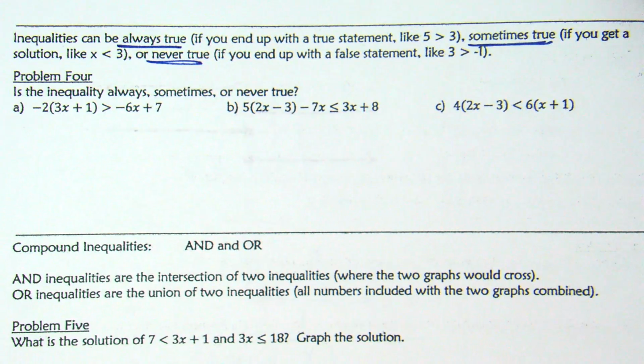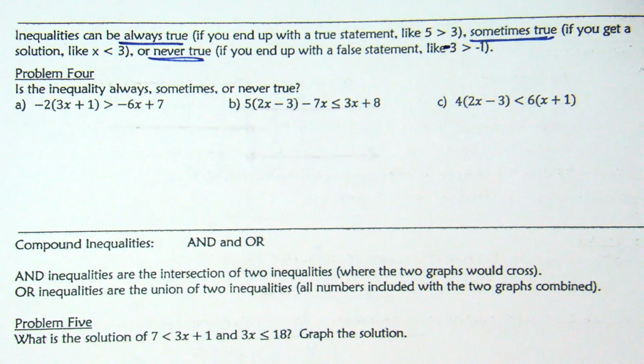So let's go through each of these real quick and look at how we know when to stop and how we can make our decisions. So example A. What is my first step to deciding if this inequality is always, sometimes, or never true?